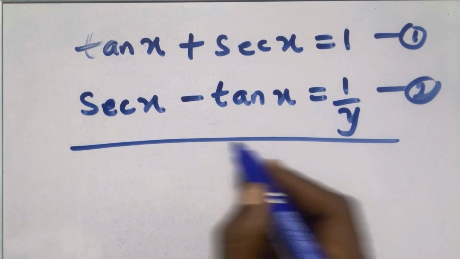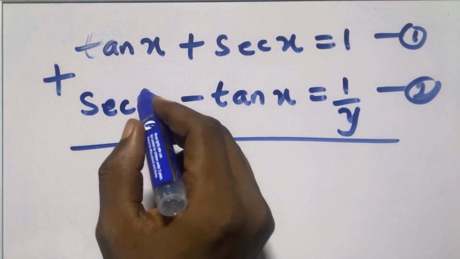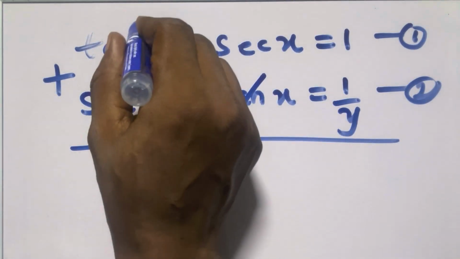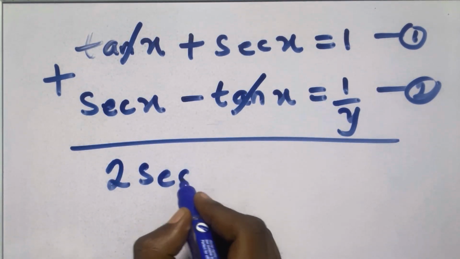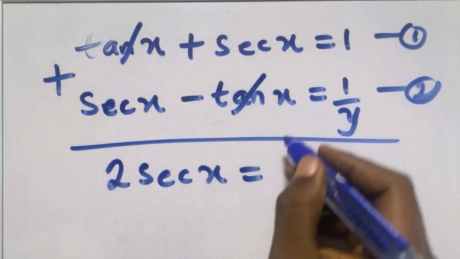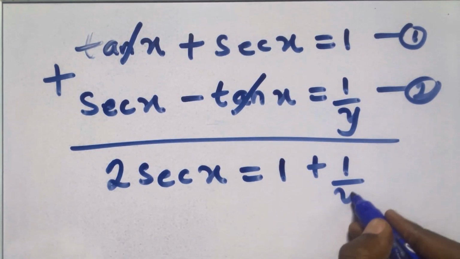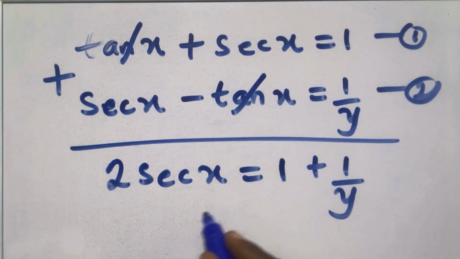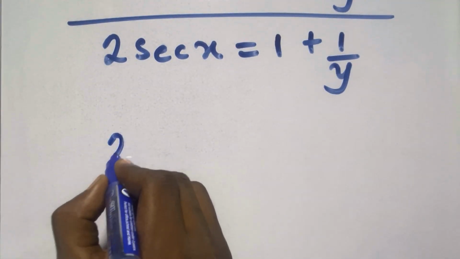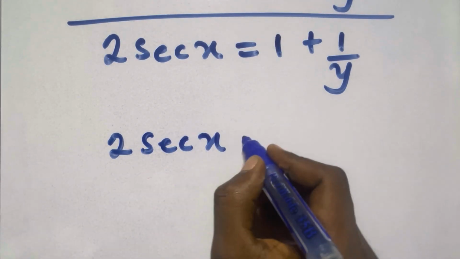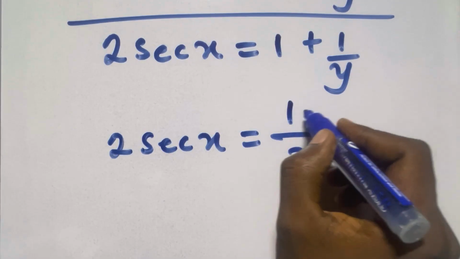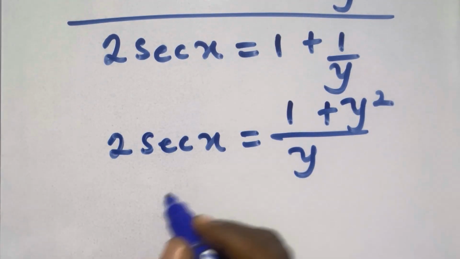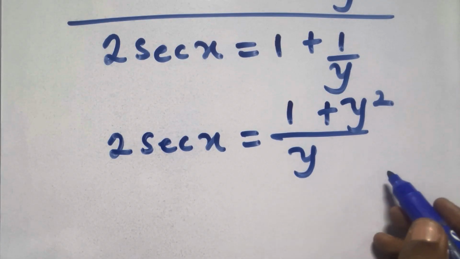If we add these equations together, the tan x cancels out, so we have sec x plus sec x, which is 2 sec x, equals y plus 1 divided by y. If we simplify this, the LCM is y, so 2 sec x equals 1 plus y squared over y.